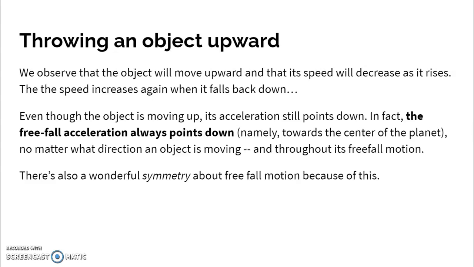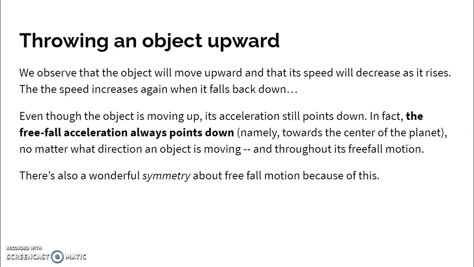But then it turns its direction around, so to speak, starts falling downward and increases its speed downward. So whenever you're throwing an object straight up and down, its speed at the top is 0.